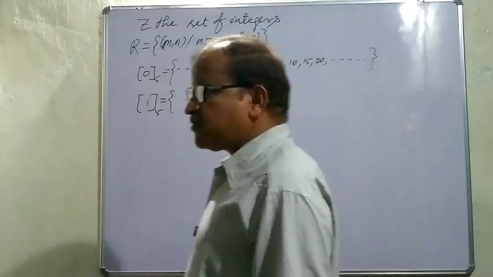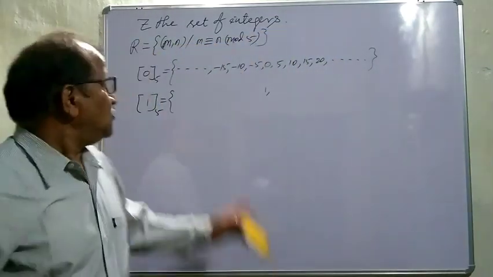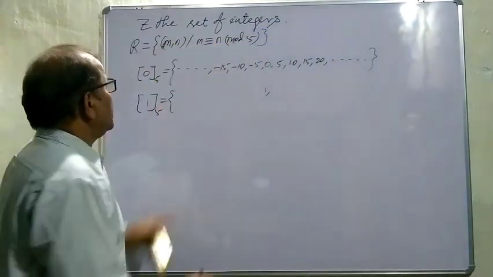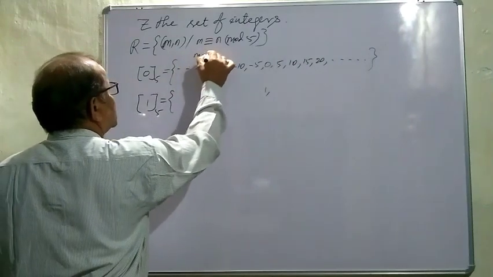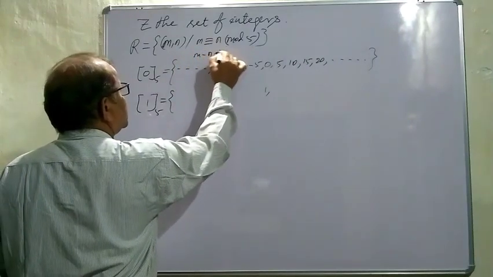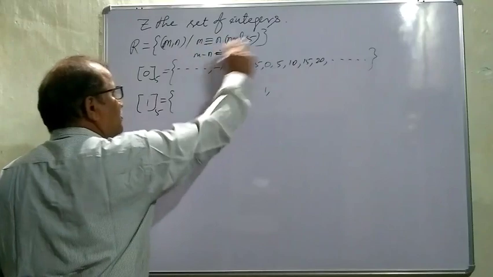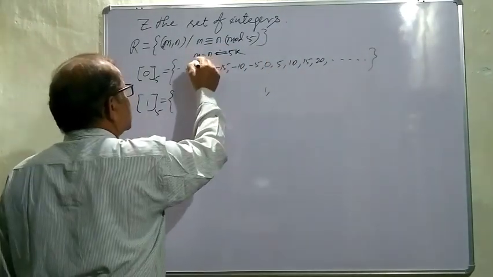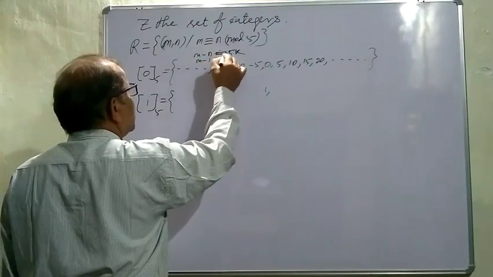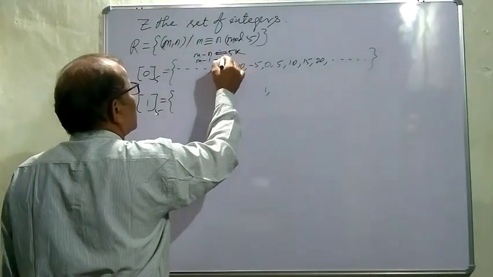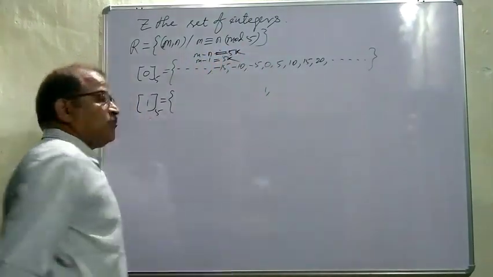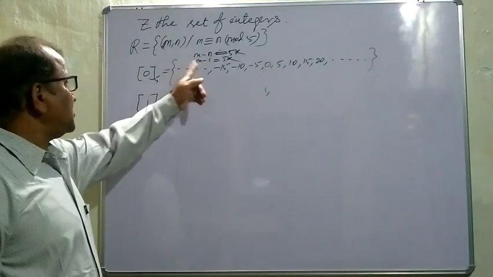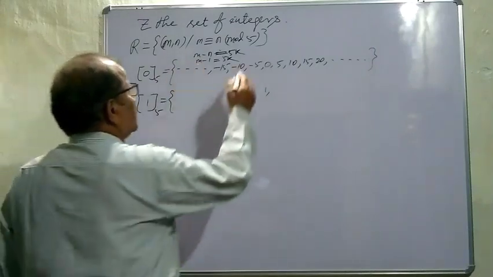After 1, when will m be related to n? If m minus n is divisible by 5, that is, m minus n is equal to 5k. Here, m minus 1 is equal to 5k.